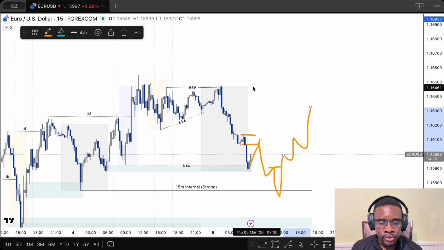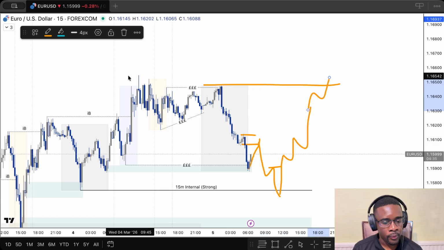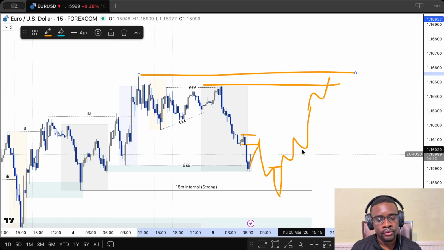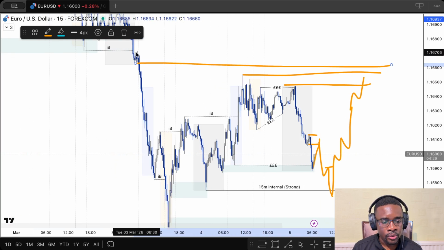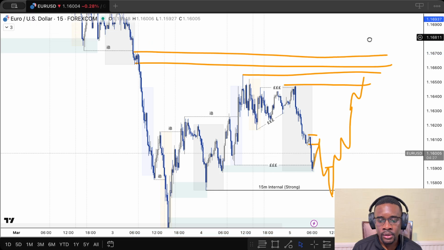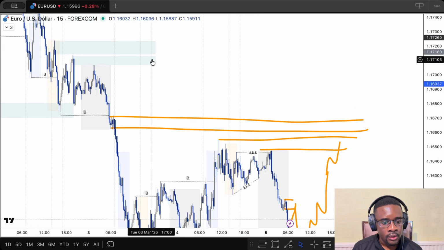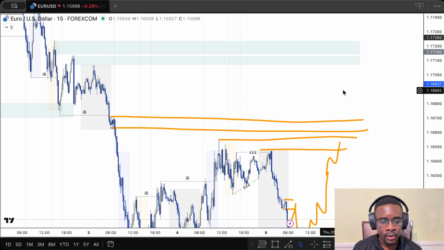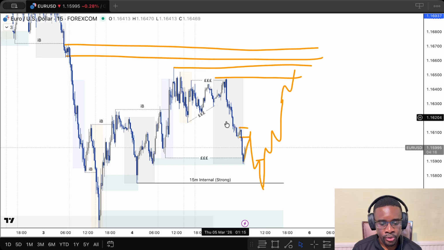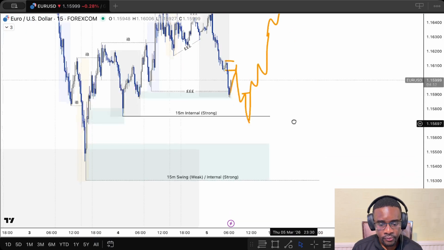Then I might be looking to take this until Asia high, or even maybe until all of that, because when you look left, really there's no clear areas that could hinder price. Maybe up until up there. So it is possible that price could push up in this manner.